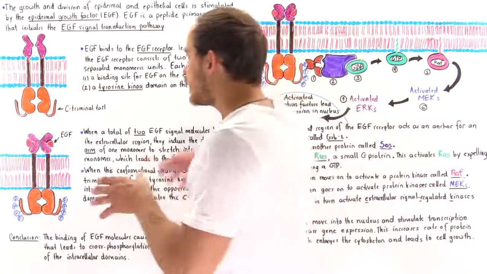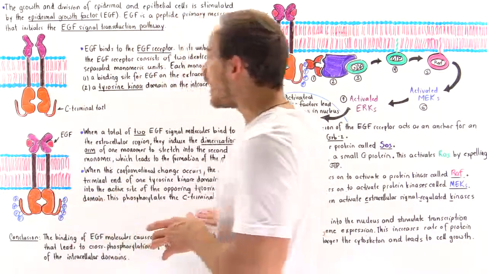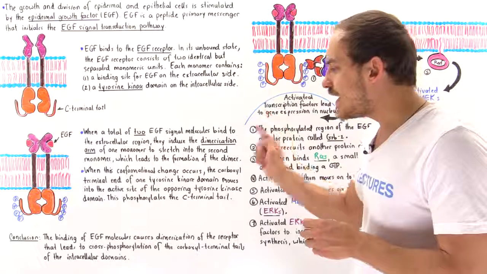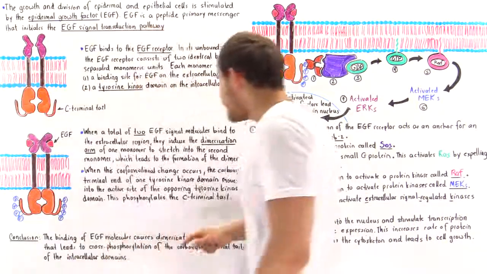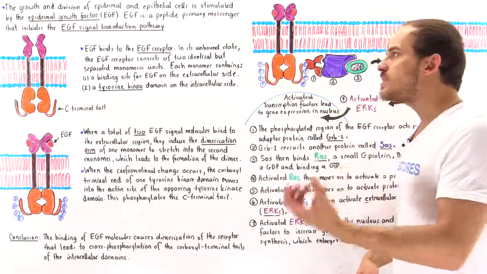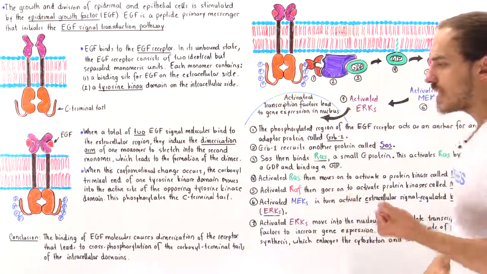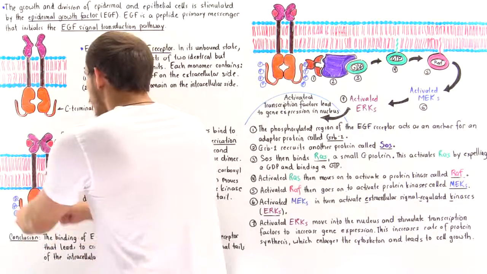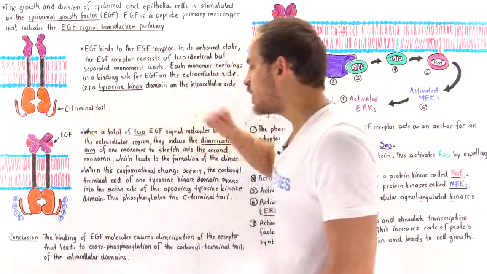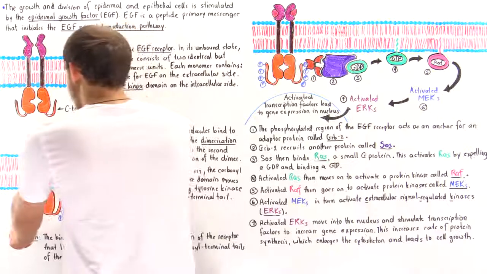So basically, in this step, we conclude the following. The binding of the EGF molecules onto these binding sites causes this dimerization process to take place. And what that leads to is the cross-phosphorylation of these C-terminal tails on both of these sides.